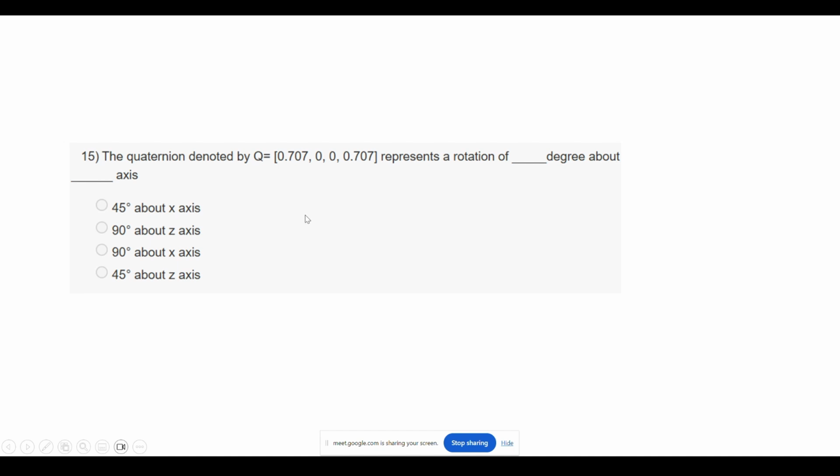The quaternion denoted by Q, 0.707, 0, 0, 0.707, represents a rotation of dash degree about dash axis. This is something that we solved during the recap.